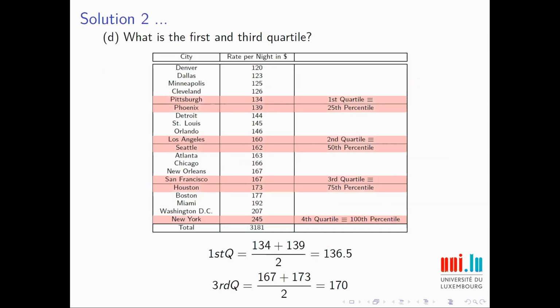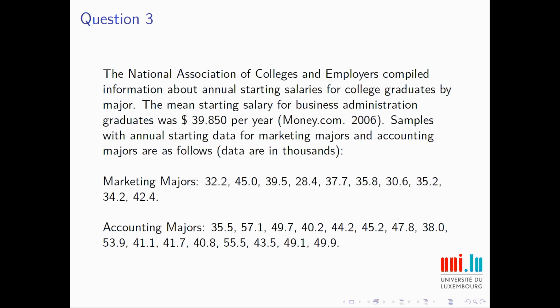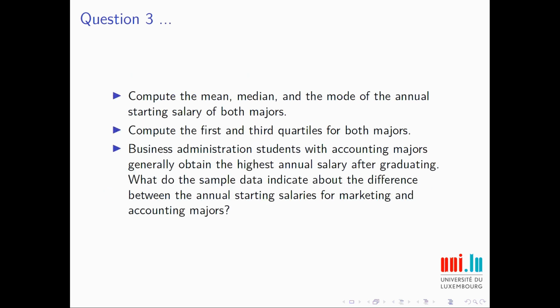So, actually, it was the last point. Question 3. I think it's pretty much the same. The task you can see on the screen. Again, what we should do is find the mean, median, and mode.